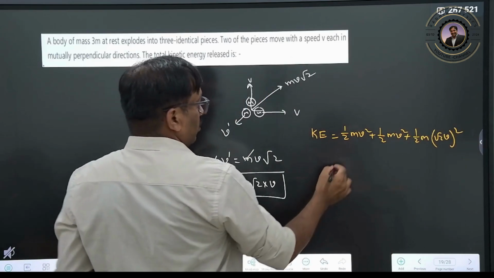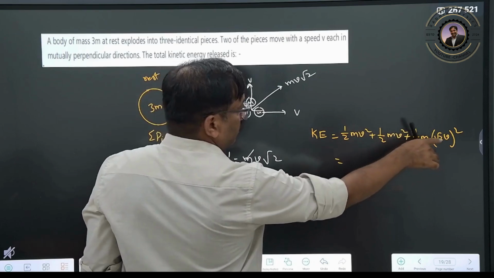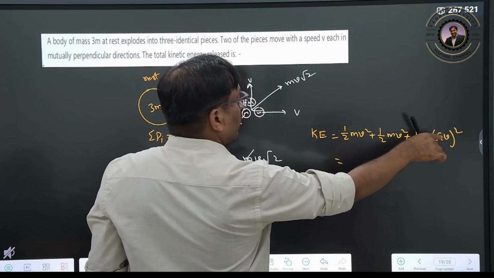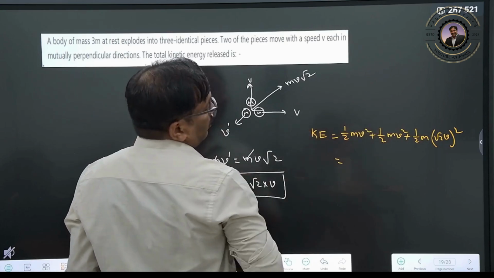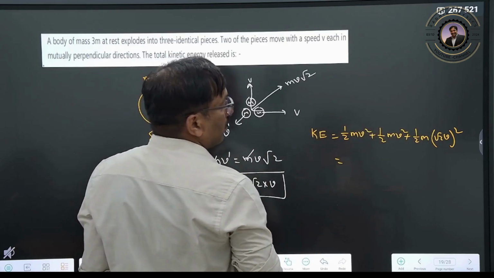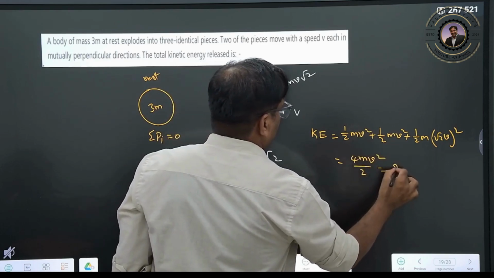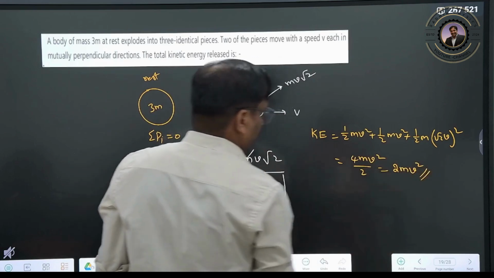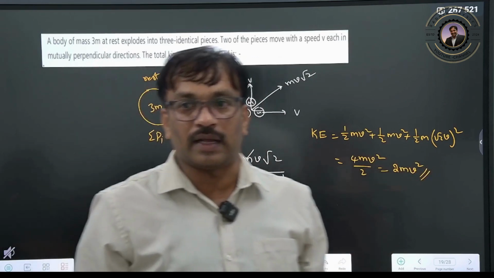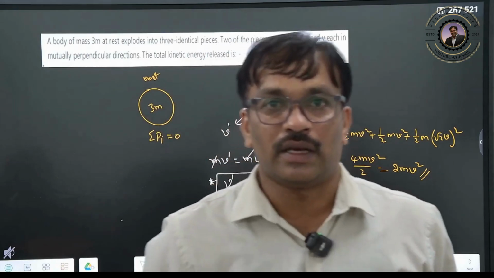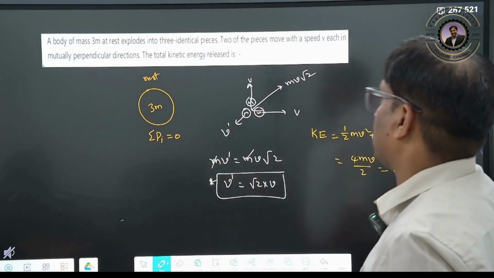Clear? So this is 2v square, 2 plus 1 plus 1. Therefore it is 4mv square by 2, which is nothing but 2mv square. This is your total kinetic energy, or total energy released in this explosion.